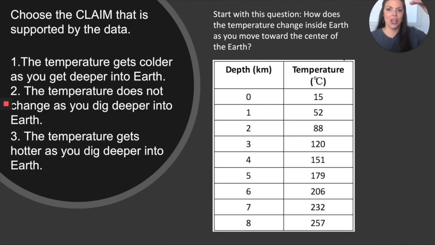So we're starting up above on the top of the crust, and we're going to dig down, and as we go down in kilometers here in the data table, we're able to look at the measurements in degrees Celsius. So pause the video, take just a moment to review this data, and then look over here at your 3 choices of claims and choose the claim that's best supported by the data.